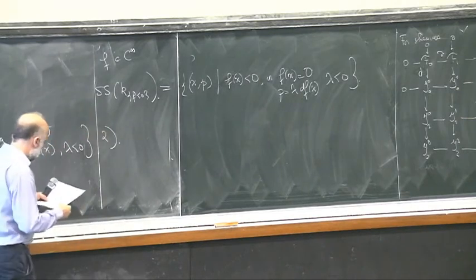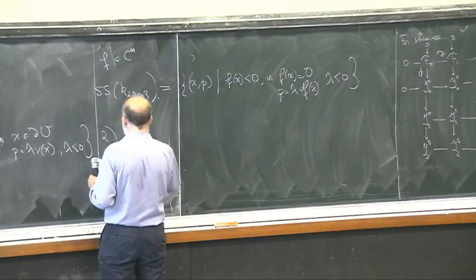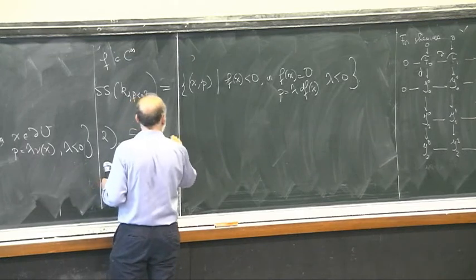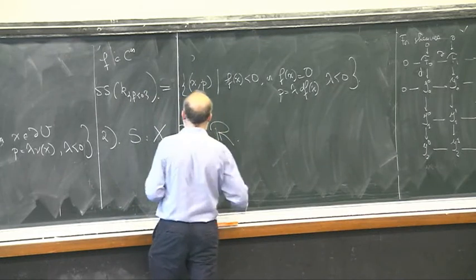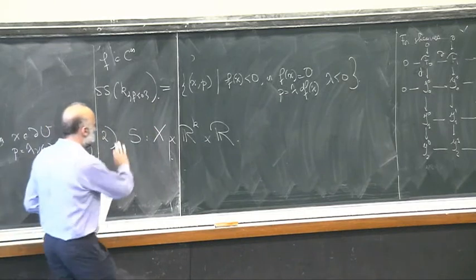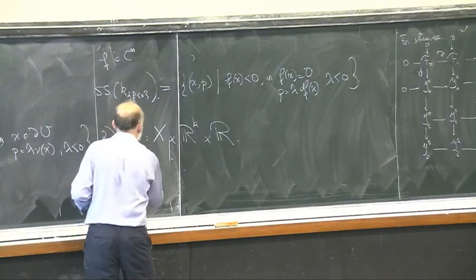Then the second example, which is a little bit more complicated, but rather instructive: assume I have a function S over X times R^k, to R. I'm just stating this, and then I will stop.